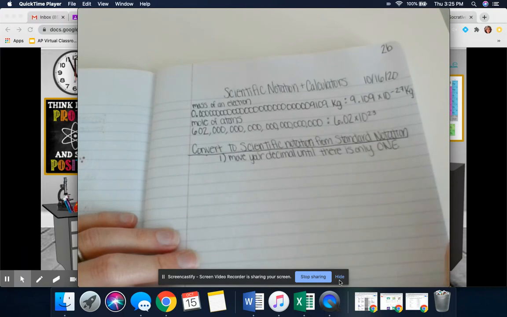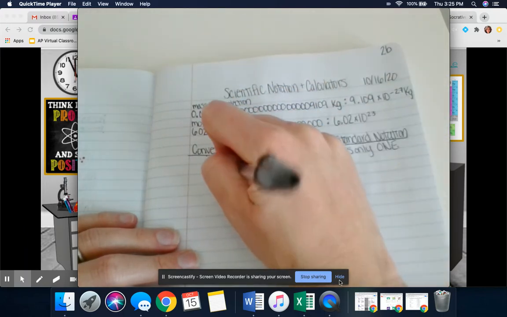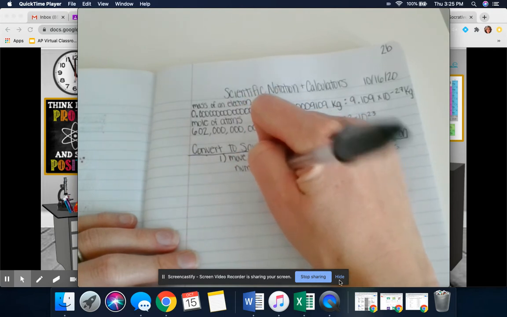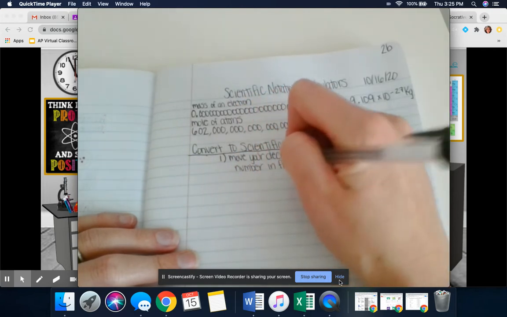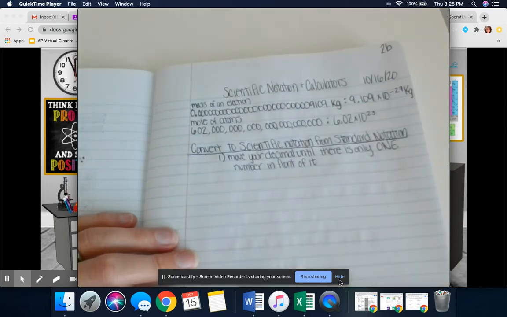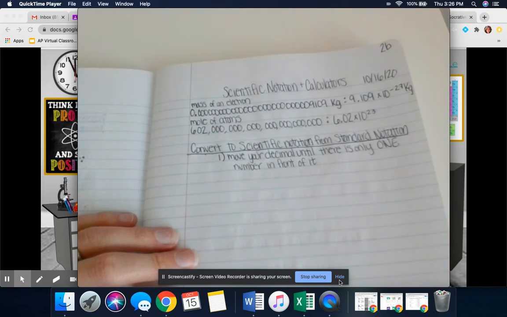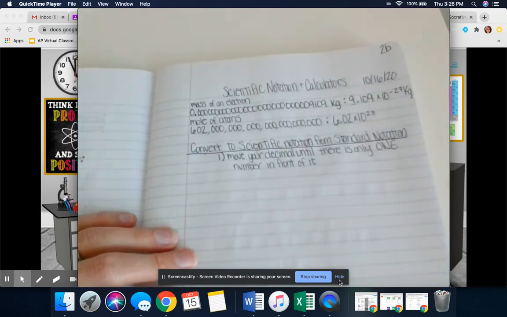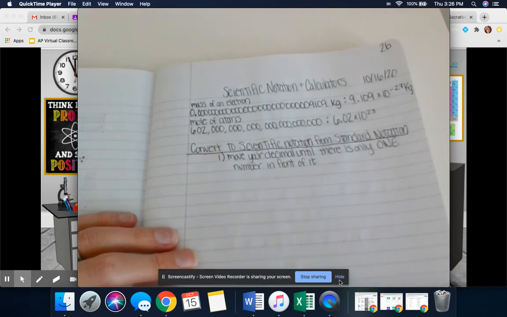One is very important. If you ever have something like 11 times 10 to the 23rd, that's not correct. It should be 1.1 times 10 to the 24th. It should always just be a single digit in front of the decimal, okay?